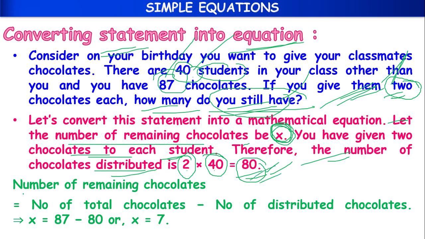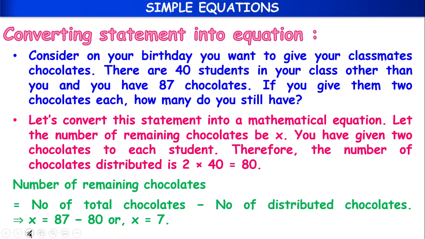But how do we get the number of remaining chocolates? According to normal mathematical calculations, we can calculate the number of remaining chocolates when we subtract the number of distributed chocolates from the total chocolates.